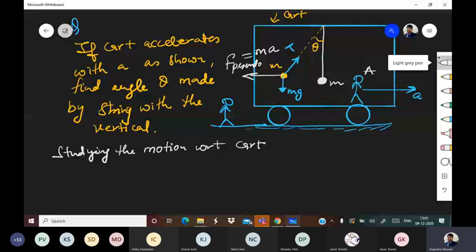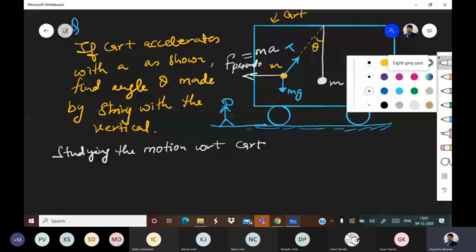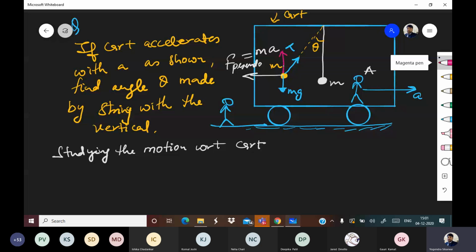Now in the presence of all these three forces, tension, mg and F pseudo, the mass m is at rest. So we need to resolve forces in vertical and horizontal, and then apply Newton's law of motion. If this is theta, alternate angle, right? So upward force will be T cos theta.